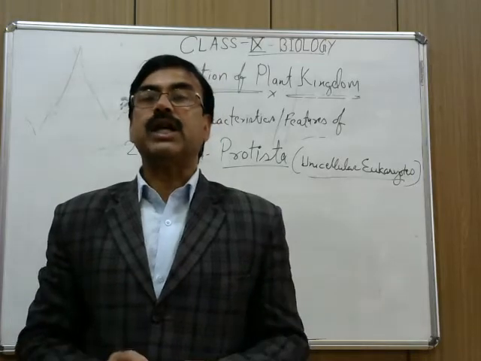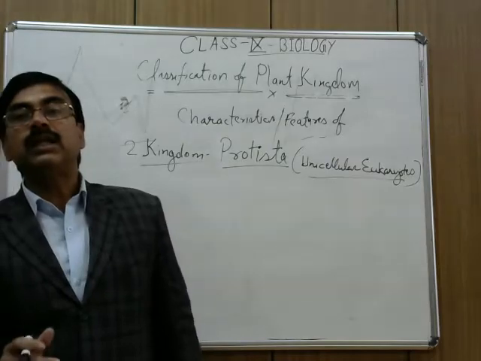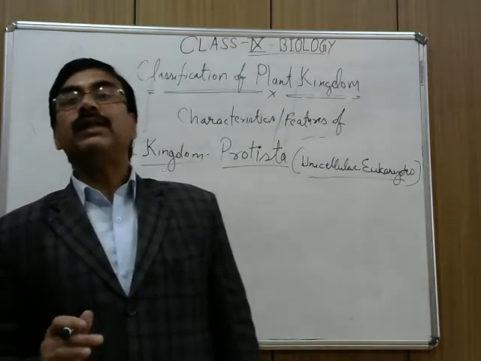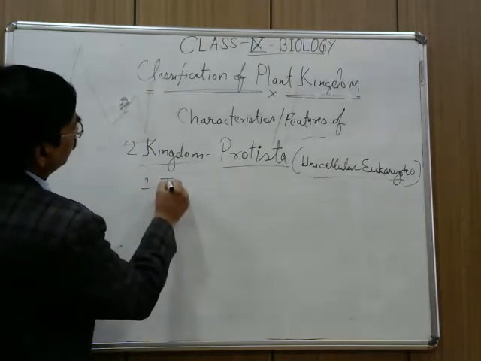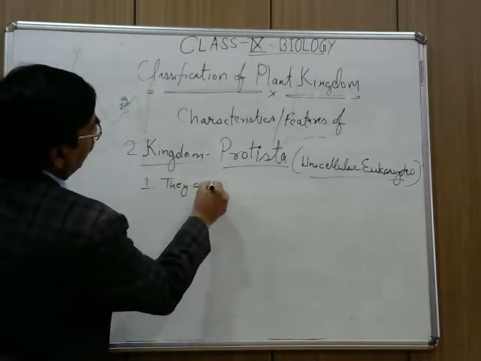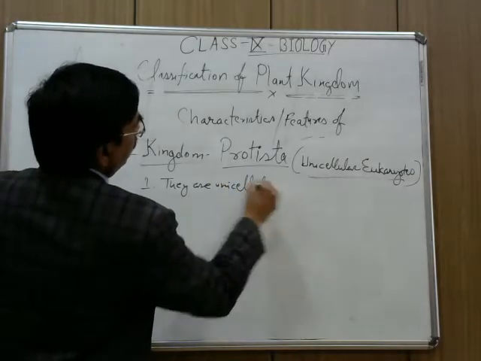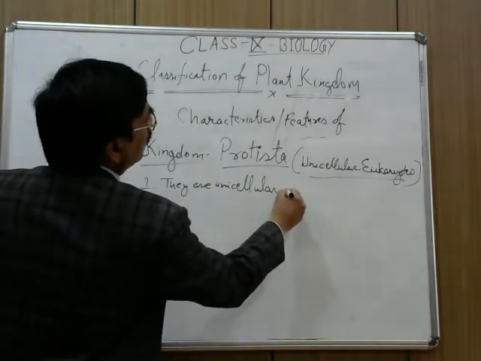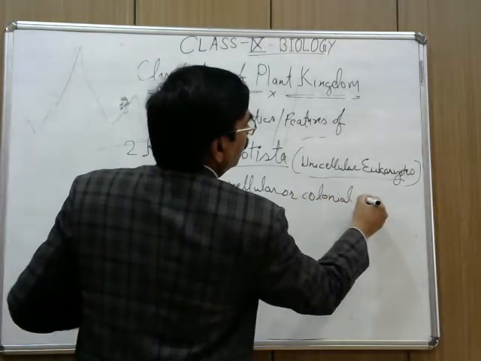So in the Protista, number 1 you will write, they are unicellular or colonial eukaryotes. Unicellular or colonial.